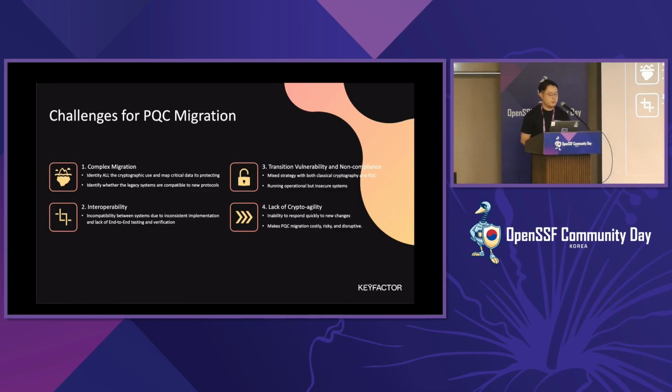If we talk about the migration to PQC, what are the challenges? There are actually many, but these are the 4 major challenges. Number 1 is, of course, the complexity of migration. We have cryptography in the operating system. I was talking to SUSE and Debian; these operating systems have a lot of cryptographic libraries underneath, so how can we migrate those systems into a quantum-safe OS?